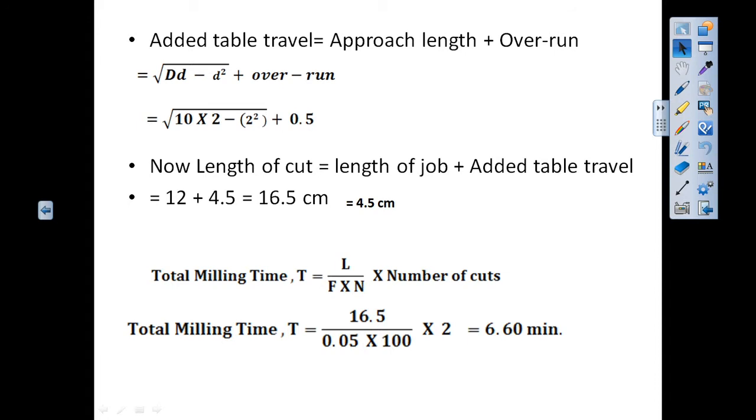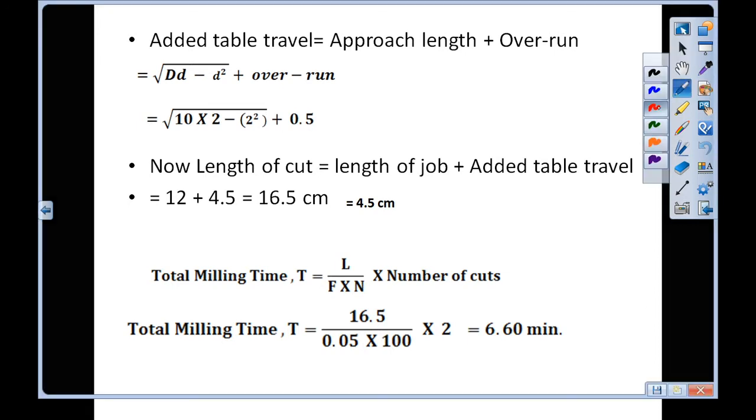Now calculate this added table travel, and then we add this added table travel to the length of the job to find the length of the cut. So first we calculate this added table travel, that is equal to approach length plus overrun. Approach length, you know the formula, that is square root of BD minus BD square, plus overrun, that is 0.5. So put the values, diameter D as 10, depth of cut as 2, and overrun as 0.5.